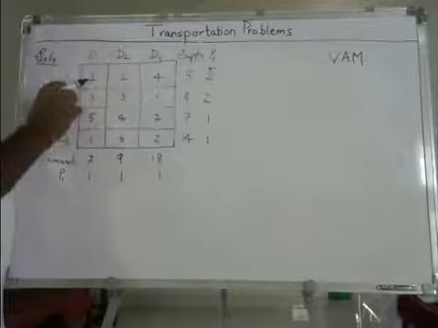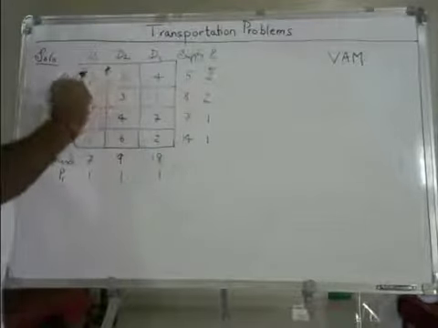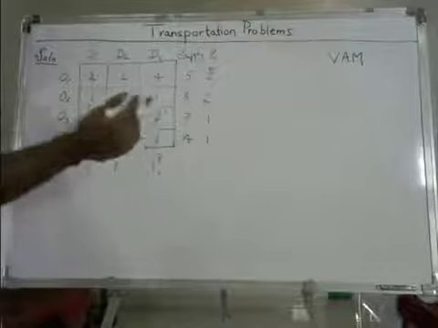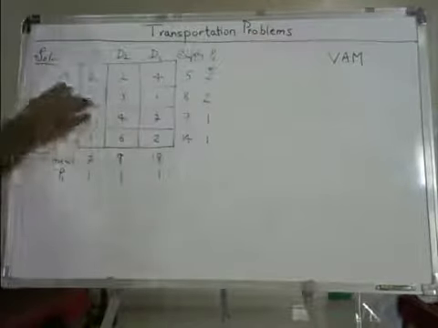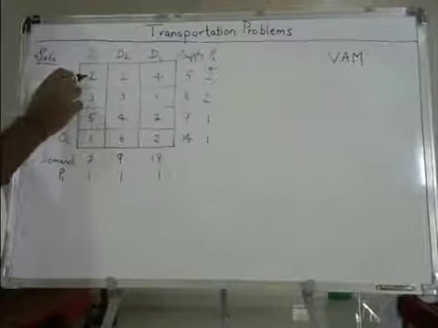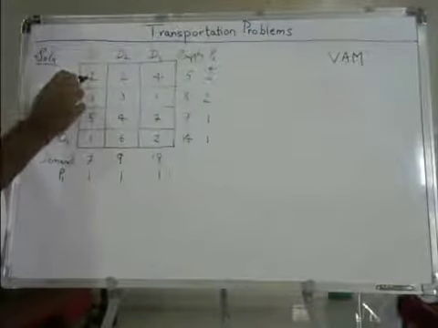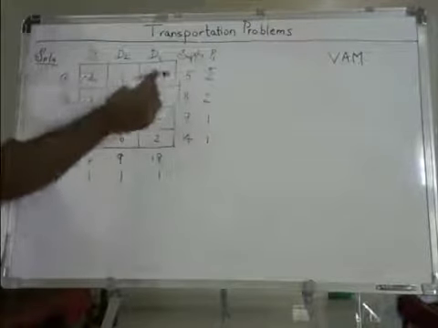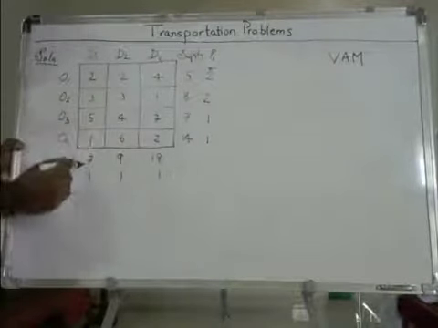The least value is 2, but there is one more 2 here. Which one to allocate? Whichever you want. If there are more than 2 least values, you can allocate to any one. So for this particular problem, I am going to allocate for this particular least value. For this particular least value, the values are 5 and 7. So which is least? 5.